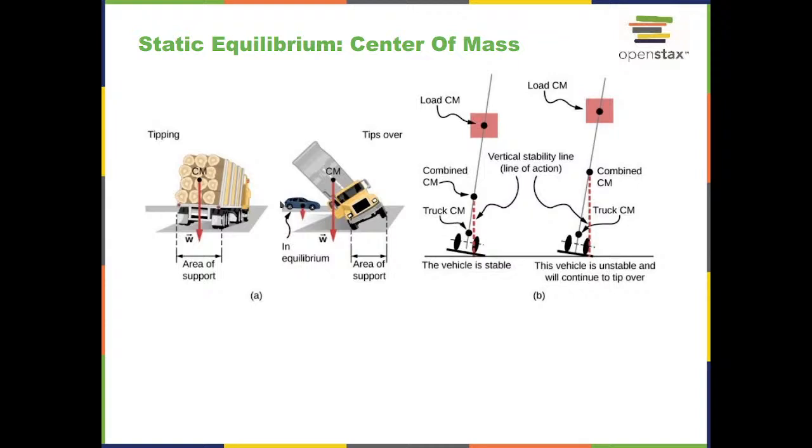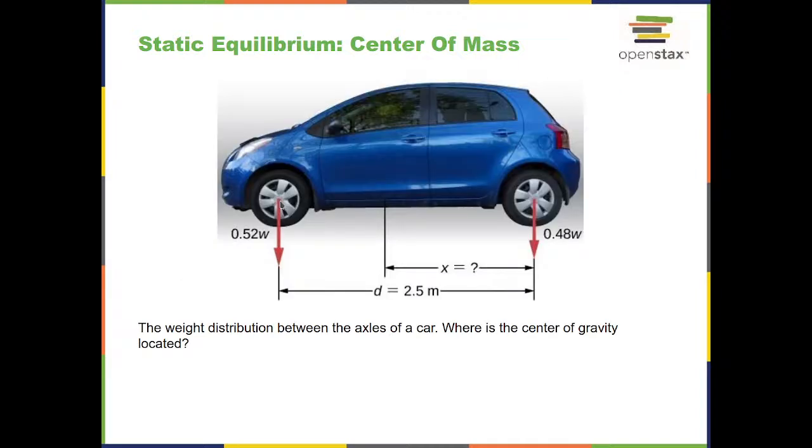So let's look now at a different problem, which is, again, a problem of static equilibrium. It's a problem where we have, again, two points of contact: a point of contact at the front of the car, a point of contact at the back of the car.